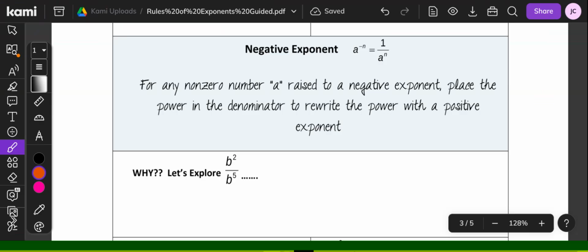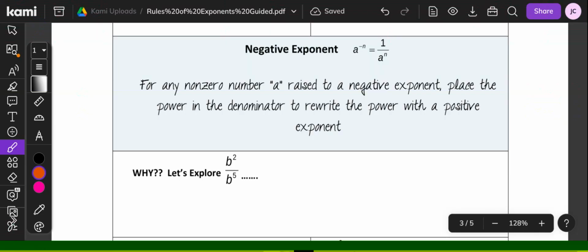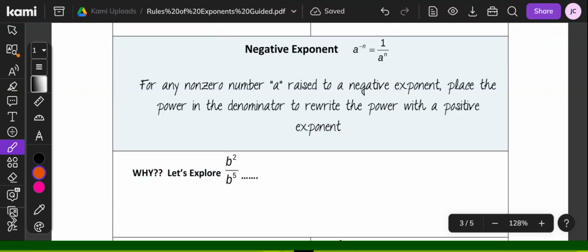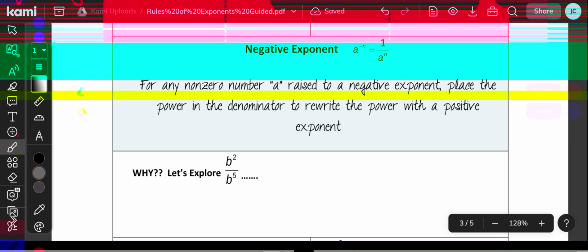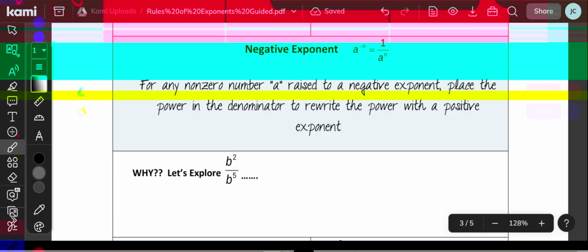I'm going to change it a little bit: put the base in the denominator. If you start with a to the negative n, it's not a fraction, then we move that whole thing to the denominator and make the exponent positive. So here then, let's look at how this can happen.